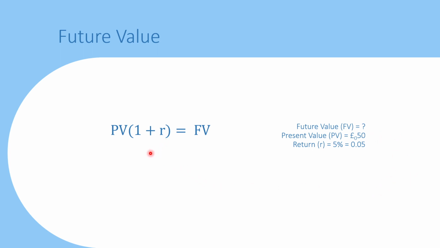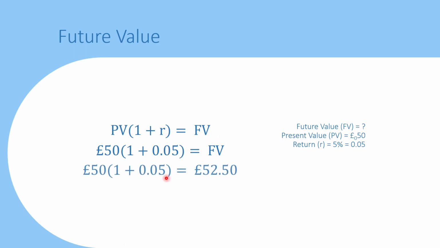And similarly, the rate of return R is now 5% or 0.05. In the last example, we said that it was 20, right? So we've changed the present value and we've changed the rate of return, right? So we just need to put them into this formula that we have created, and use that to calculate the future value, right? So the future value in this case, which we didn't initially know, we can calculate using this equation as 52.50.